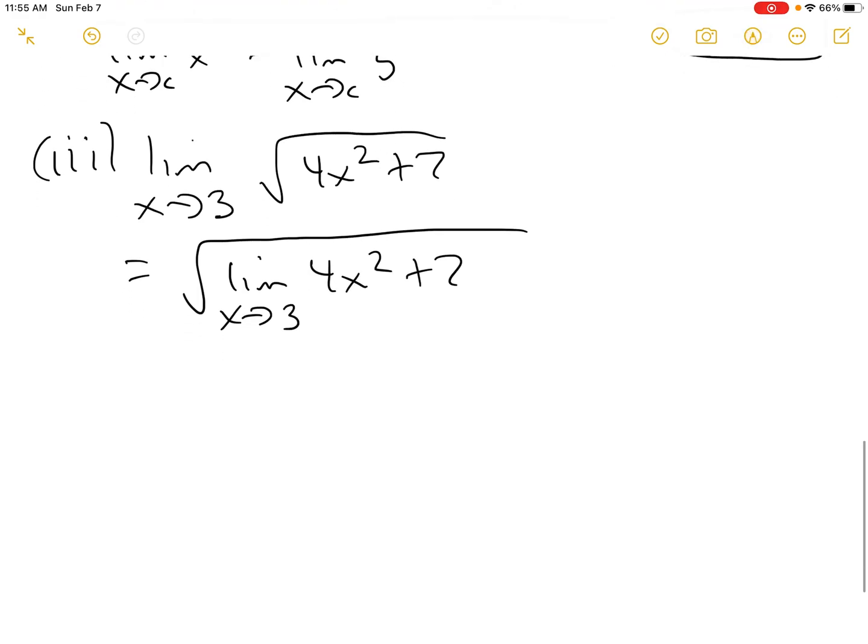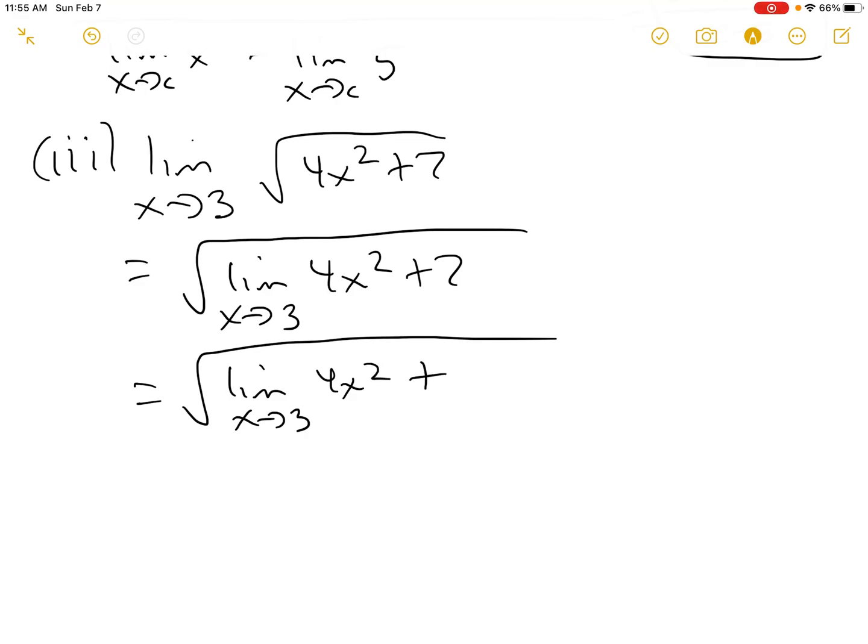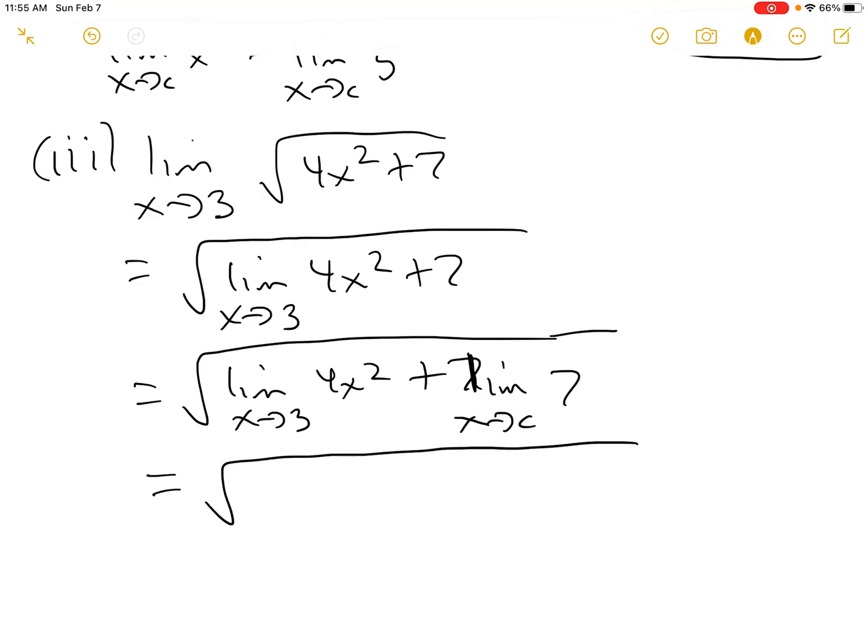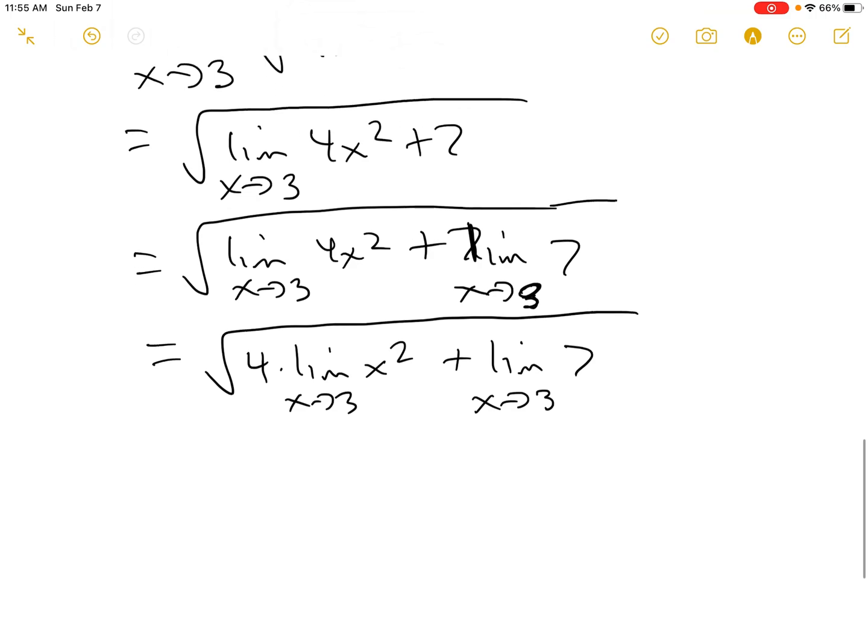And then, separate it out. And then taking all the grubby steps here: 4 times the limit as x approaches 3 (this is supposed to be a 3, not a c) of x squared plus the limit as x approaches 3 of 7.